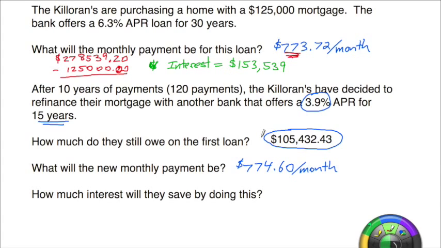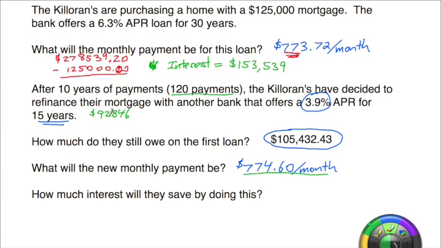All right. Now, when we get down to this part here, we first have to deal with the 120 payments. How much did we pay with those? And then when we switch it over to the last 180 payments with this new amount. All right, so let's do the 120. So it would be 120 times the original monthly payment of $773.72. So that gives us $92,846.